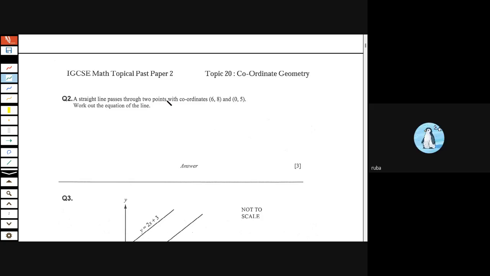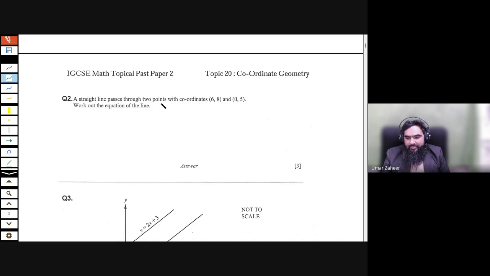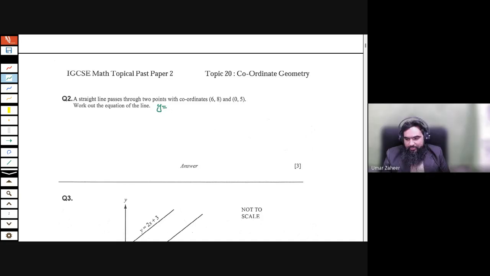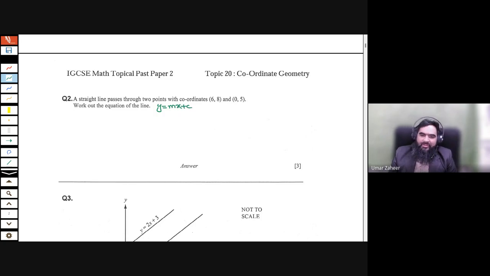Okay. Yes, Zil, what is the standard form of the equation of a straight line? Y equals mx plus c. Always remember, the standard form of the equation of a straight line is y is equal to mx plus c.